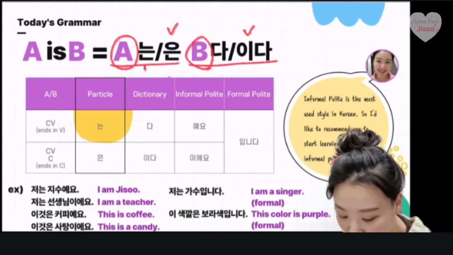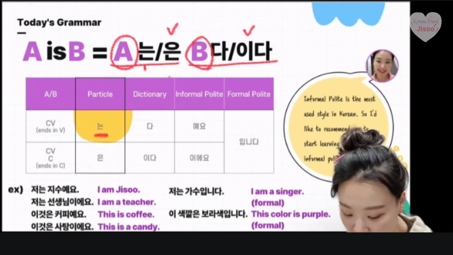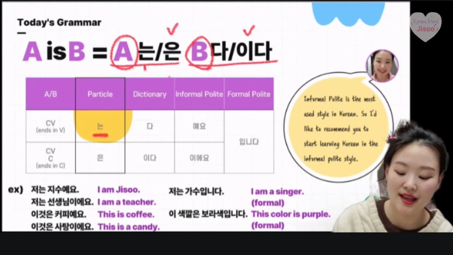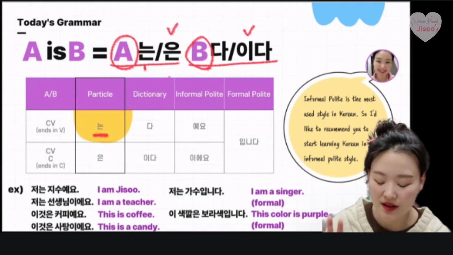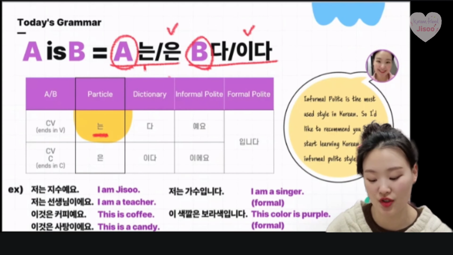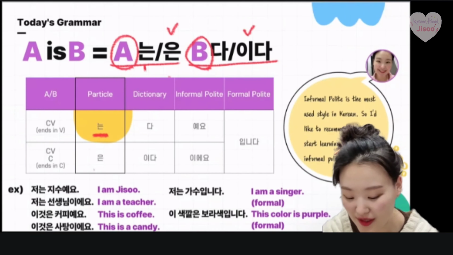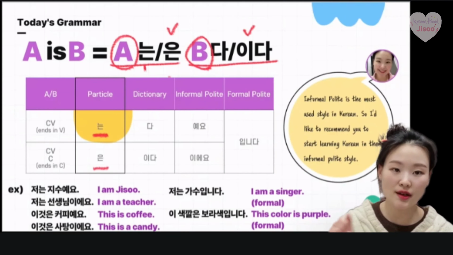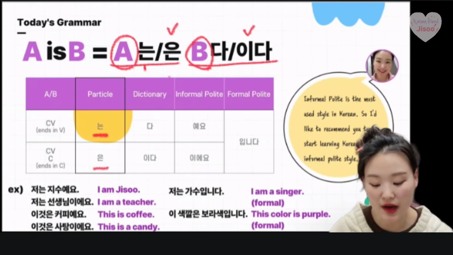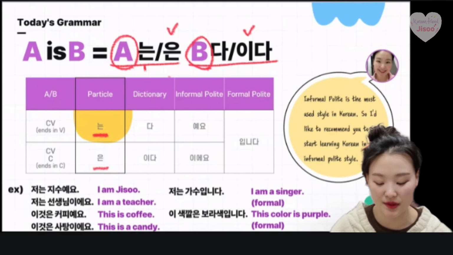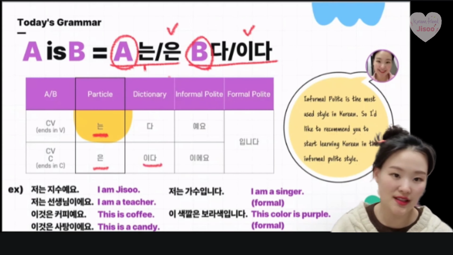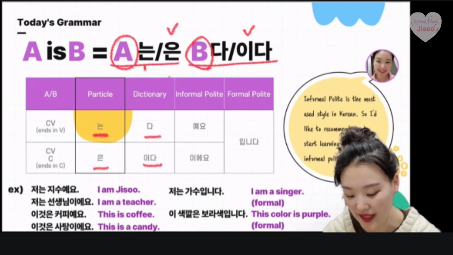If A doesn't have a bottom consonant, you can put 는 behind A. And if A has a bottom consonant, which ends in a consonant, you can put 은 behind it. It goes the same with B. If the noun B has a bottom consonant, you have to go for 이다. If it doesn't have a bottom consonant, you can go for 다.